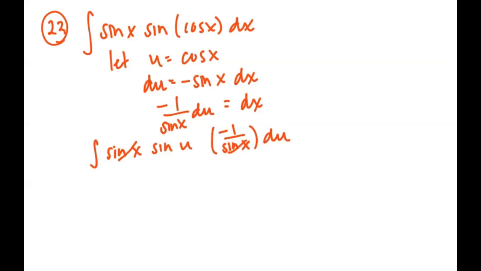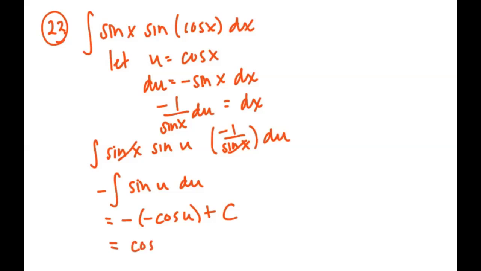We have a negative 1, which is a constant, so we're going to pull it out front. Negative integration of sine of u du equals negative, and the integration of sine is negative cosine of u, plus c. So this becomes cosine of x plus c.